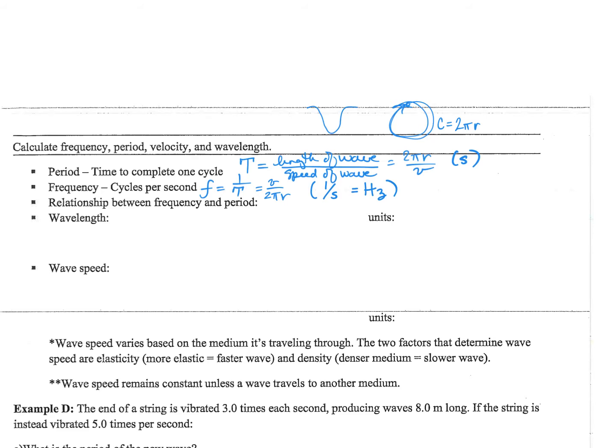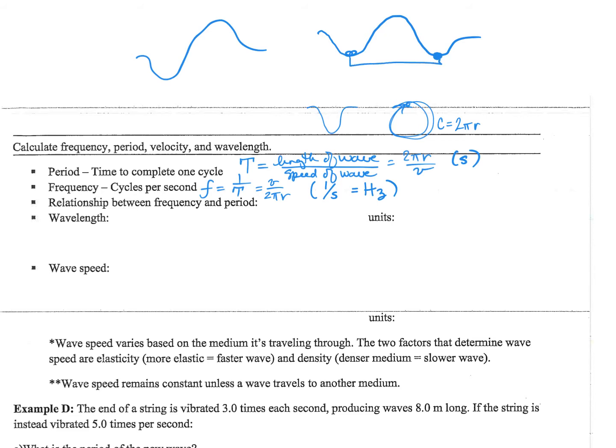Now, wavelength. Remember what we said the wavelength was? We said wavelength would be 1 full cycle, right? So if we did this, up and back down, and back up again, it would be from here to here again.